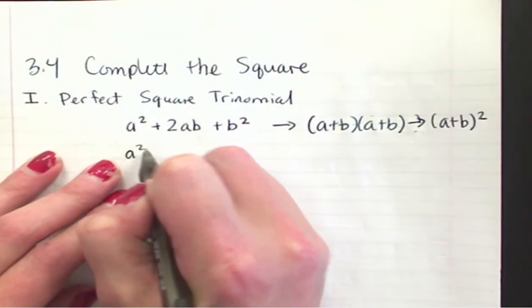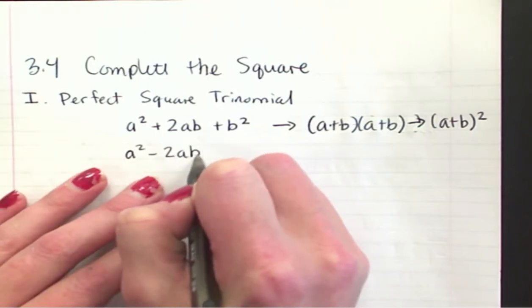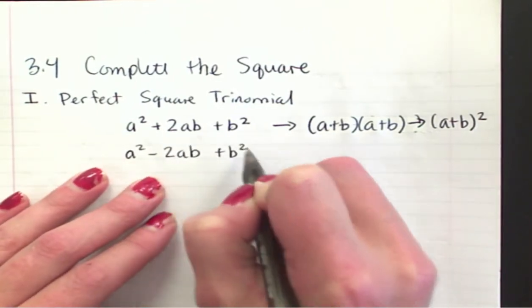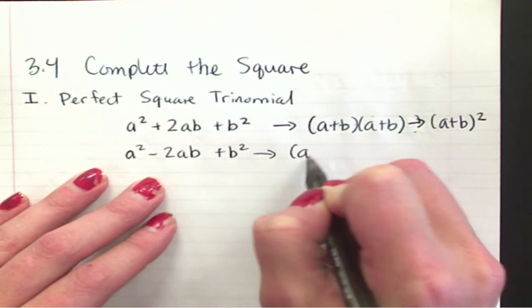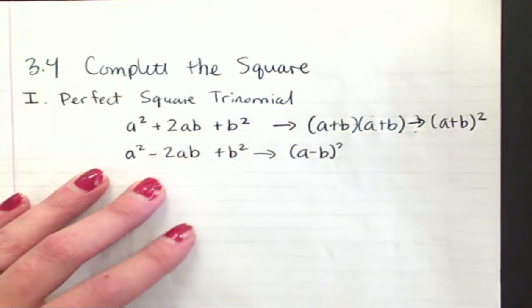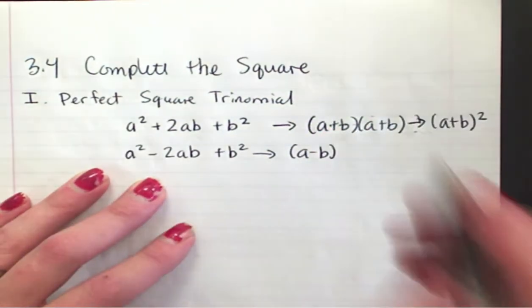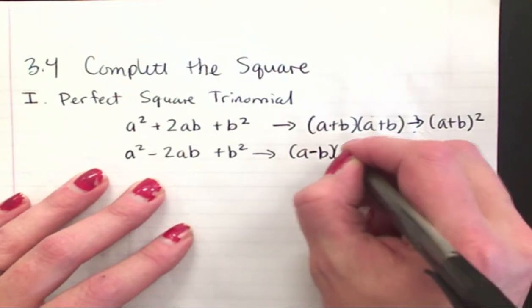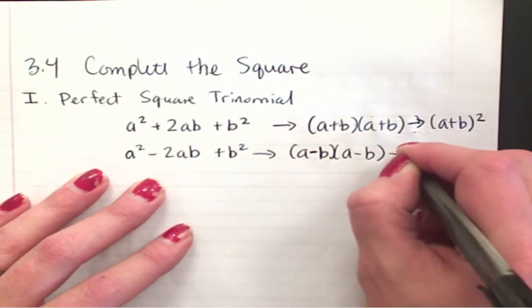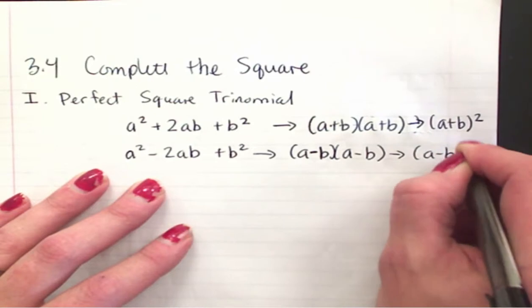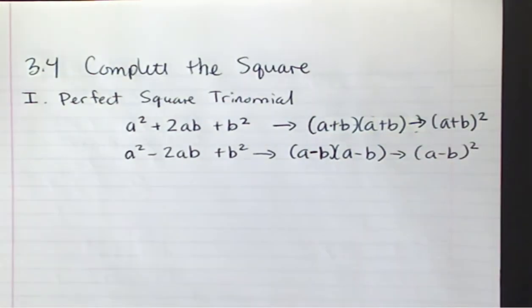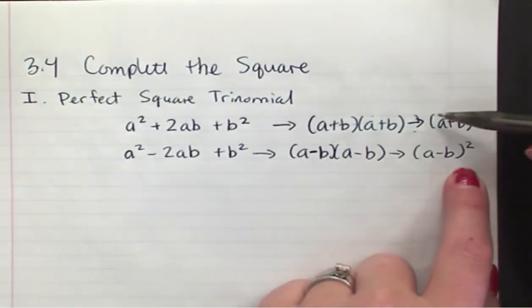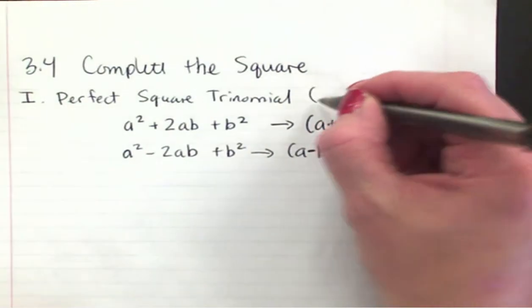However, there could be a negative in the middle term, which tells me that there's a negative here. It's a perfect square trinomial because you have the same factor twice.